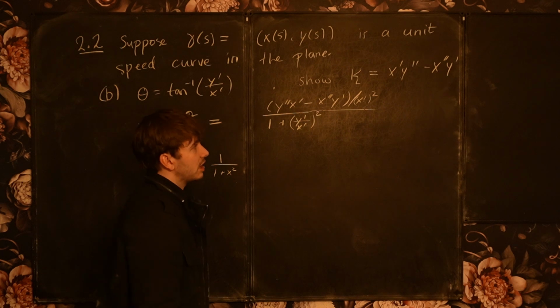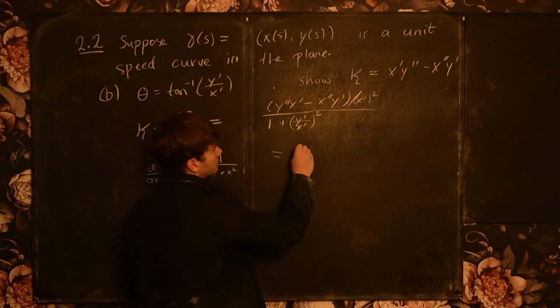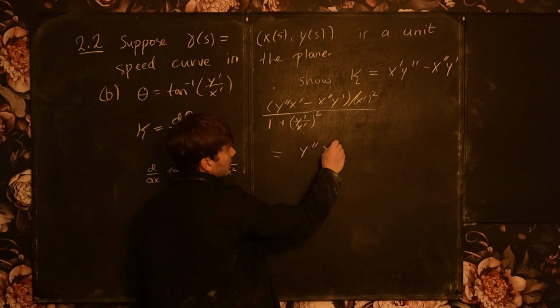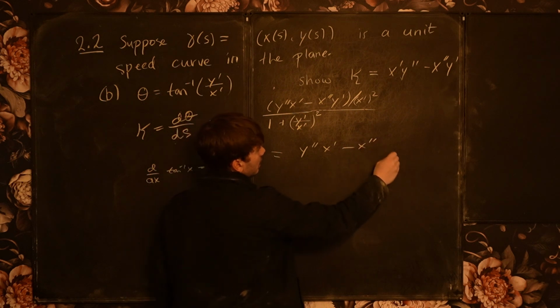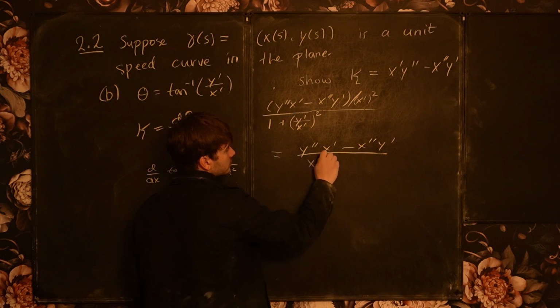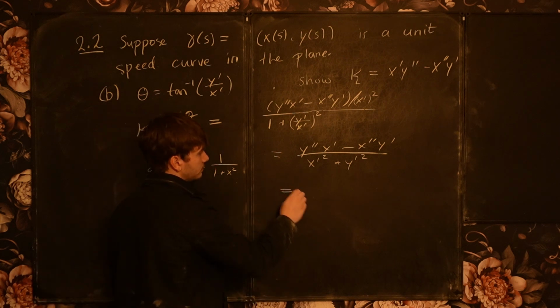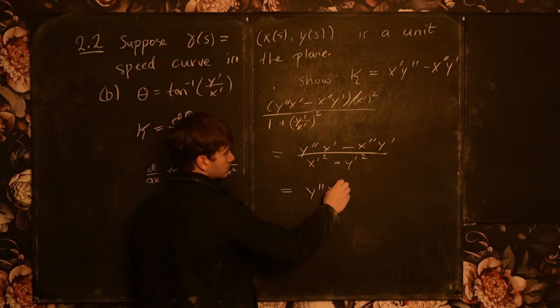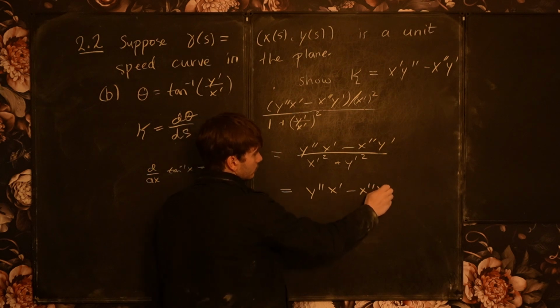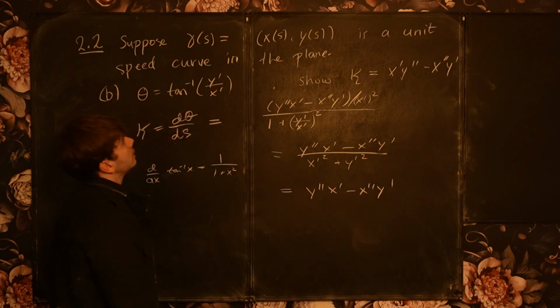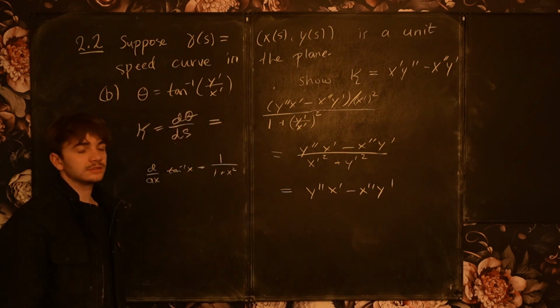So bringing that x prime into the denominator, we're left with y double prime x prime minus x double prime y prime over x prime squared plus y prime squared. And we have a unit speed curve, so the denominator is 1. And that's the end of the problem.